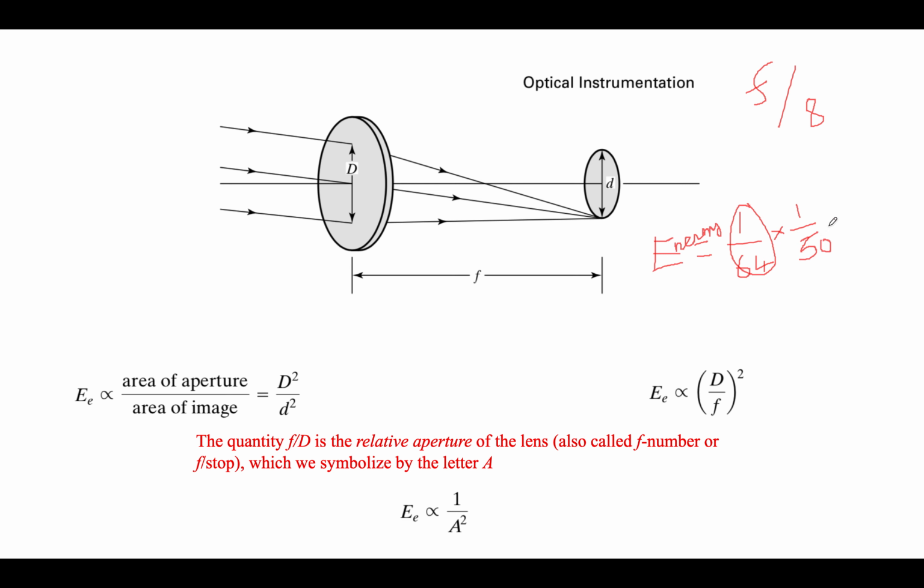Now if I want to double the exposure time, what should be my best suited f number? I can write that as 1 over x here, and equate these two. Then 50 goes into the numerator, 50 crosses off 2, 2 goes there, 2 crosses off this, that would give you 32.